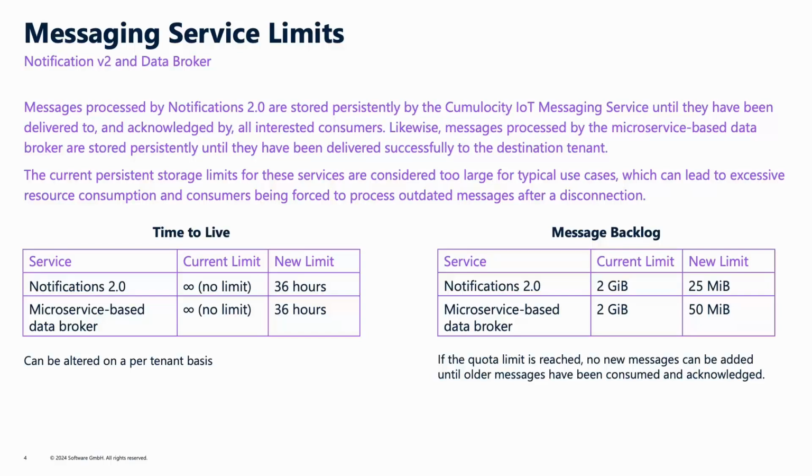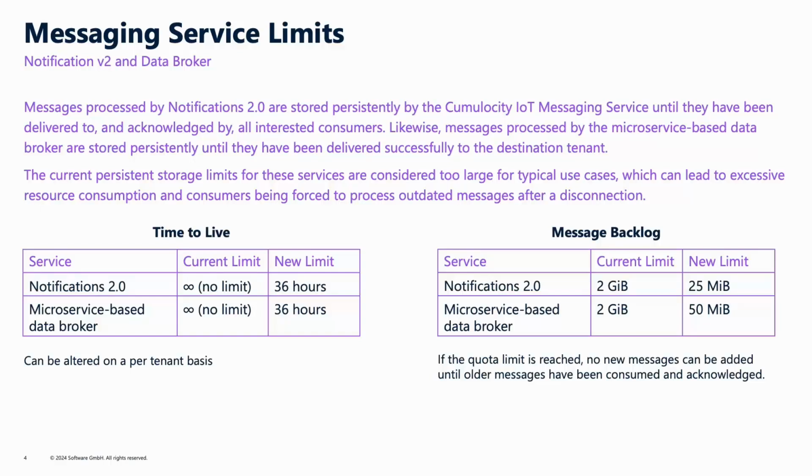Time to live. This means that if messages are not consumed by the consumers in 36 hours, they will be deleted. And the message backlog has been altered from 2 gigabits to 25 megabits, and on the microservice-based data broker to 50 megabits.